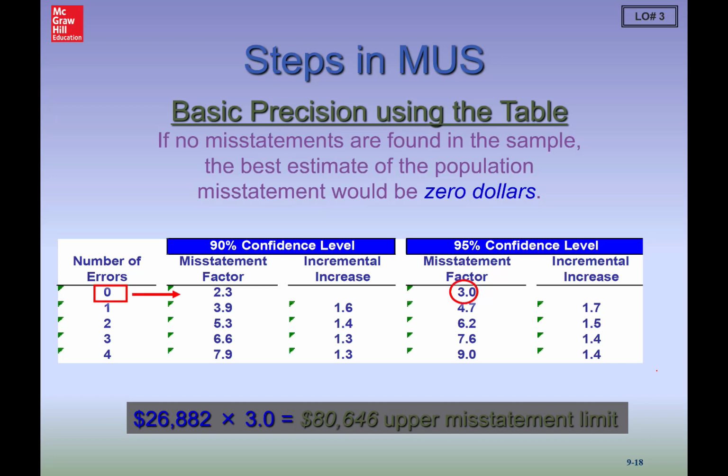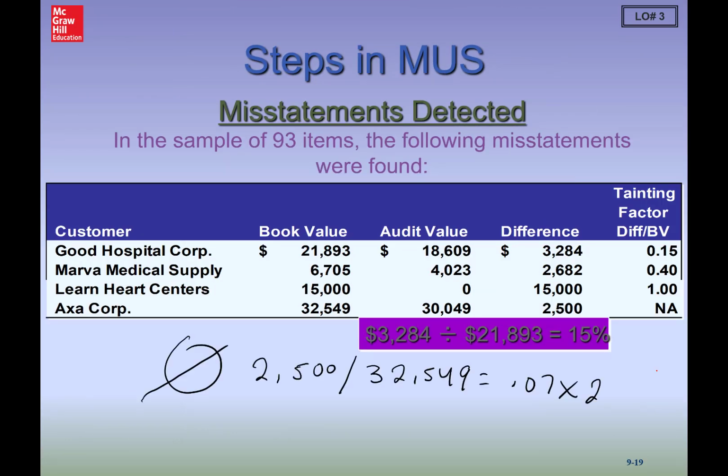Thank you. Okay, 26,882. So what happens if you apply 7% to 26,882? What number do you get?